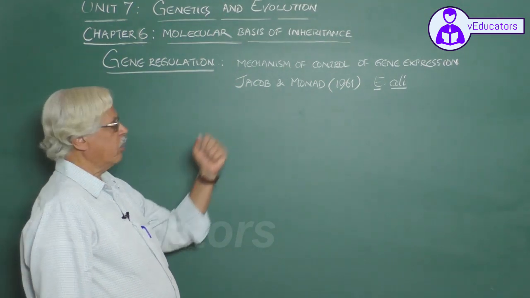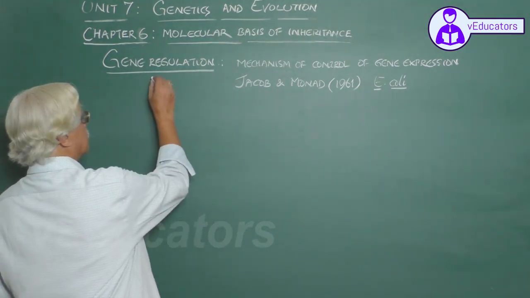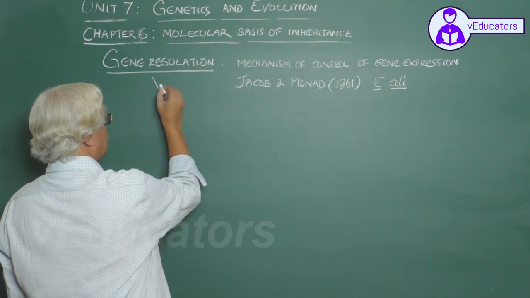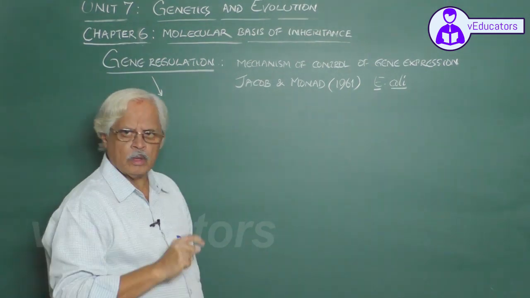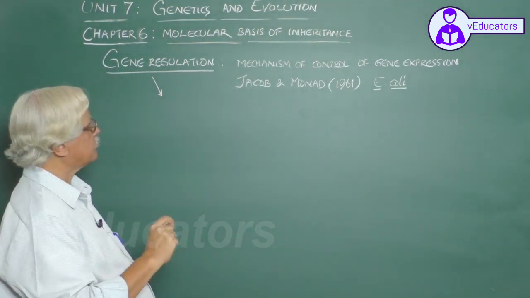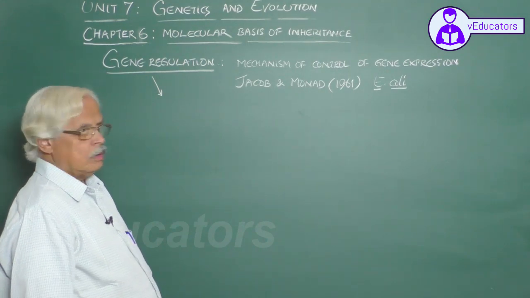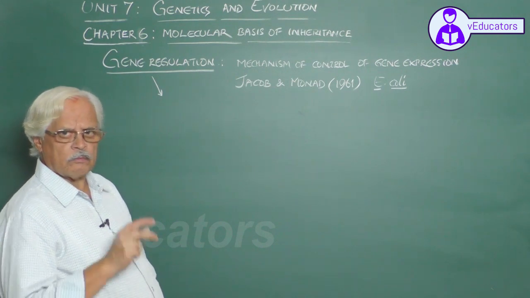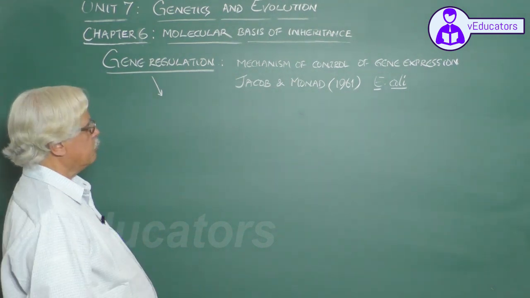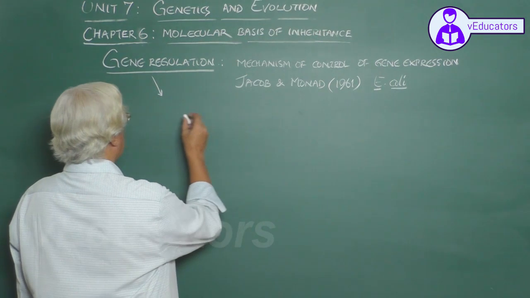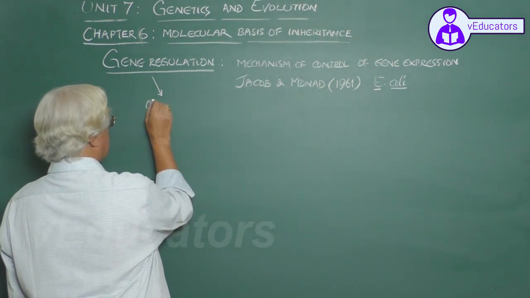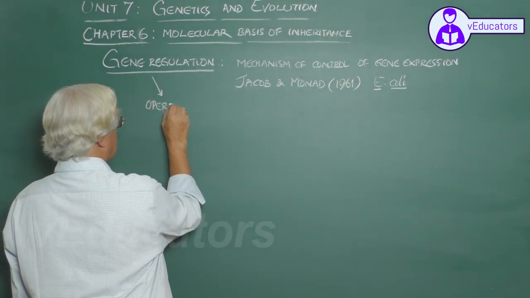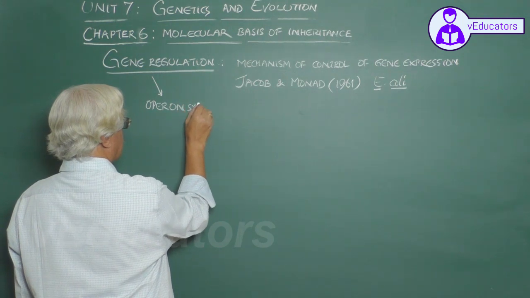According to Jacob and Monod, gene regulation is brought about by a set of genes present in the genome for a given protein synthesis, and they called this system the Operon system.